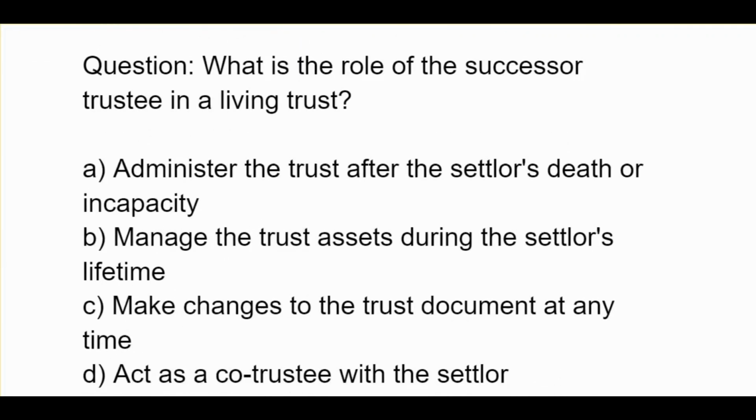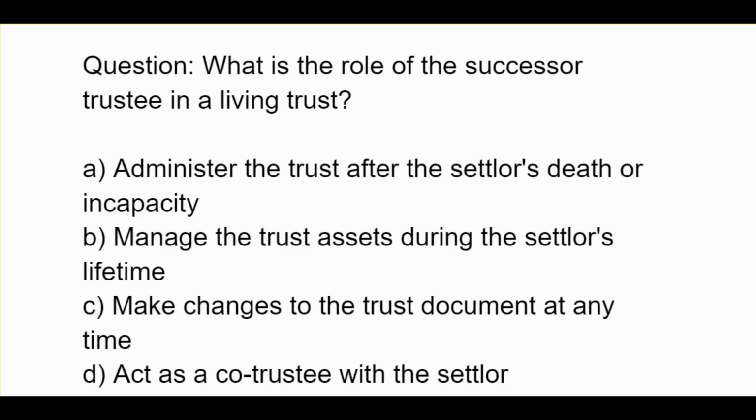What is the role of the successor trustee in a living trust? A. Administer the trust after the settlor's death or incapacity. B. Manage the trust assets during the settlor's lifetime. C. Make changes to the trust document at any time.